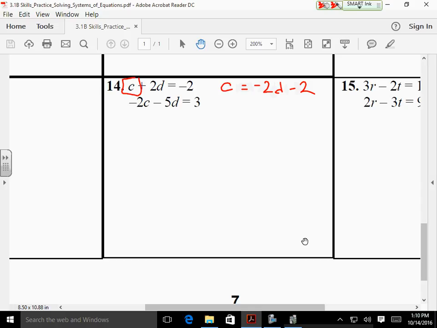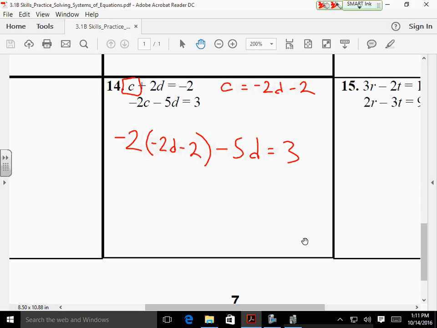Then I take the other equation, which is -2C minus 5D equals 3. And where the C was, I'm going to substitute in what C is equal to from the first equation.